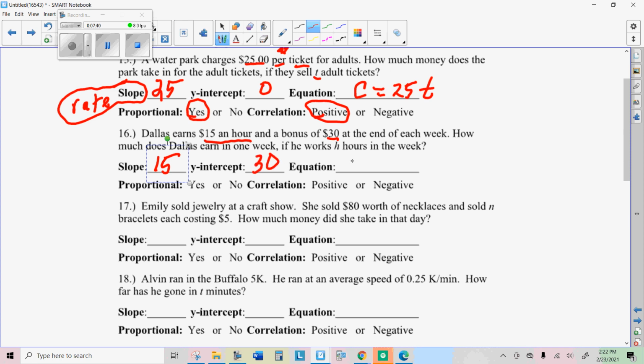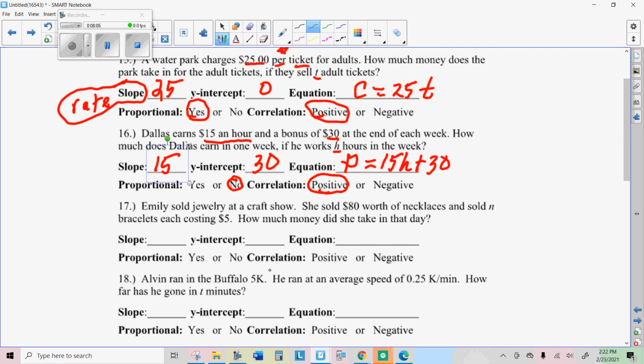So your equation is, we have to think of a letter that would work here. We're going to use H for the hours, so it's 15 times the number of hours plus 30, and that's his pay. Let's use P for pay. Okay? You can always use Y and X, that doesn't matter, but this is not proportional. The slope is positive.